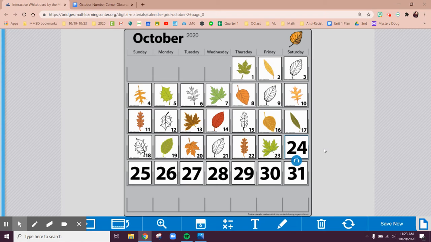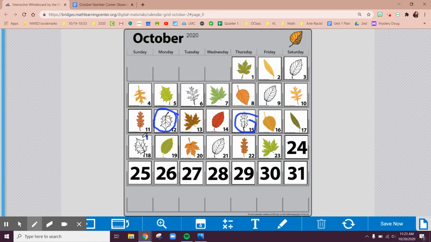So if I flip over 24, I remember on one of our assignments, a student, Max, had a prediction: 24 was going to be black and white. Because if you look at our patterns that we see, it goes like this. You have a black and white leaf, and then it goes 1, 2 colored leaves, and then a black and white leaf.